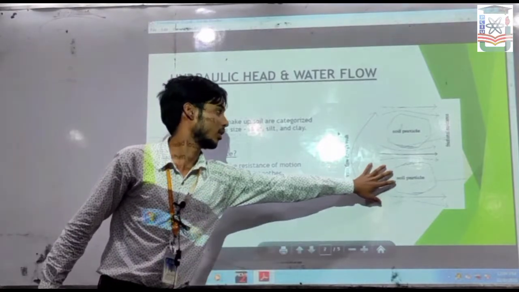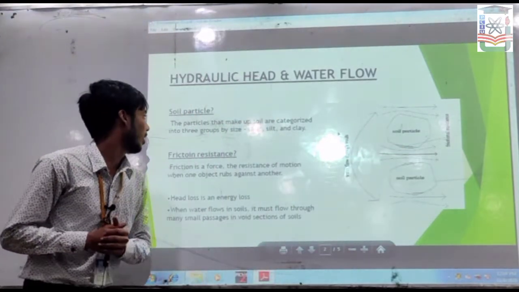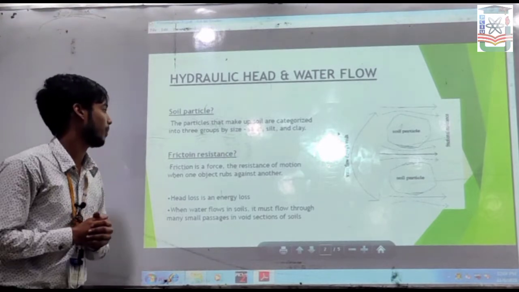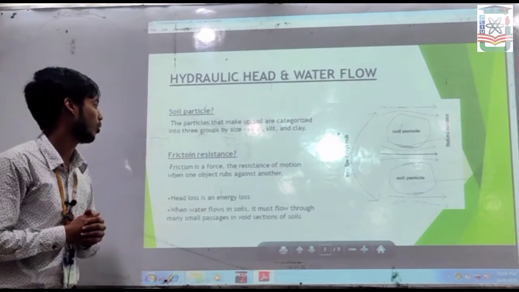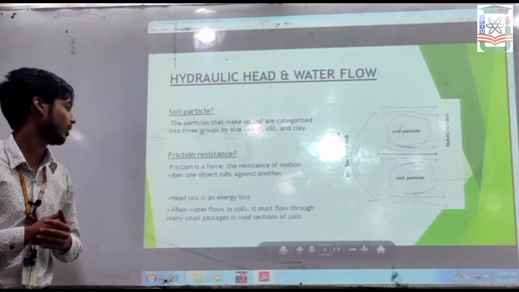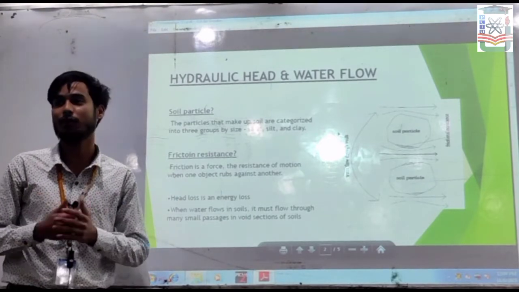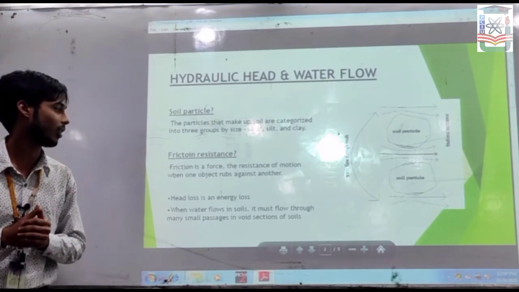Another chart shows soil particles and frictional resistance. What are soil particles? The particles that make up soil are categorized into three groups by size: sand, silt, and clay. Friction resistance: friction is a force that resists motion when an object rubs against another.